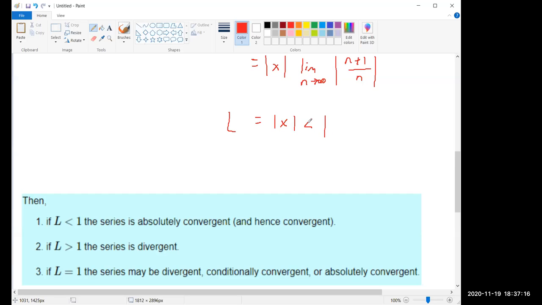So how do you solve this inequality here?